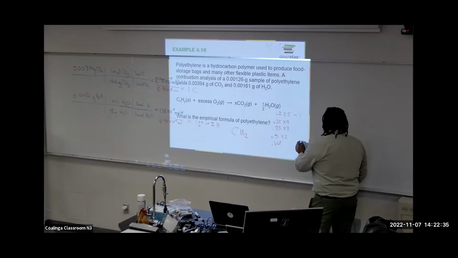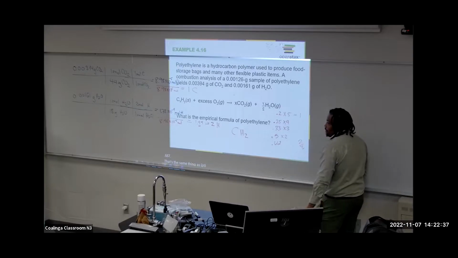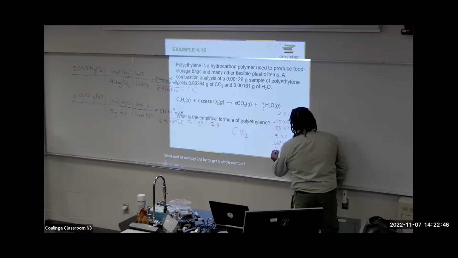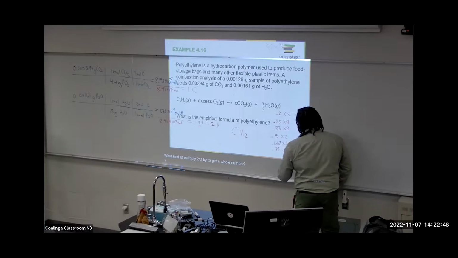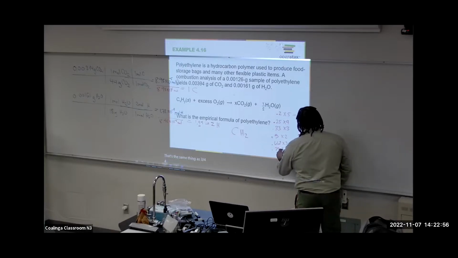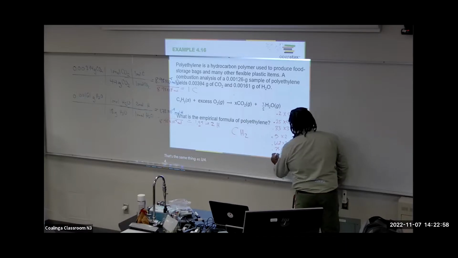That's the same thing as 2/3. What can I multiply 2/3 by to get a whole number? 3. 0.75? That's the same thing as 3/4, so by 4. 0.8, by 5.